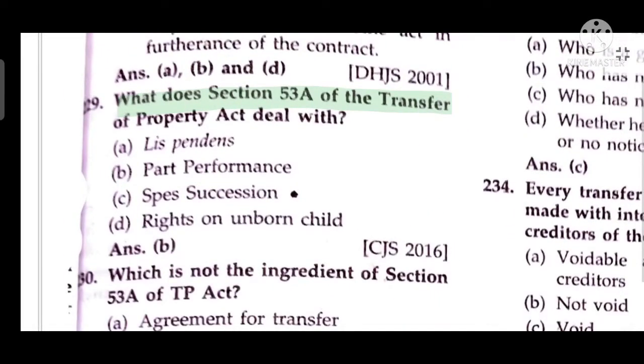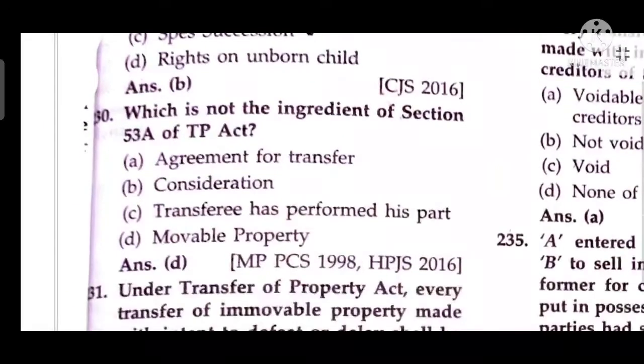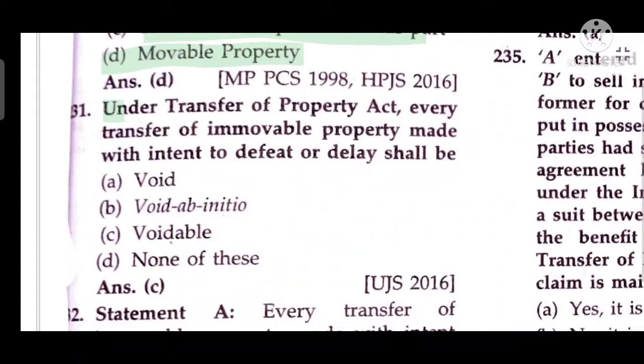What does Section 53A of the Transfer of Property Act deal with? Part performance. Which is not an ingredient of Section 53A of the Transfer of Property Act? Movable property. Which one is the ingredient? Agreement for transfer for consideration. The transferee has performed his part. Under the Transfer of Property Act, every transfer of immovable property made with intent to defeat or delay the creditor shall be voidable.